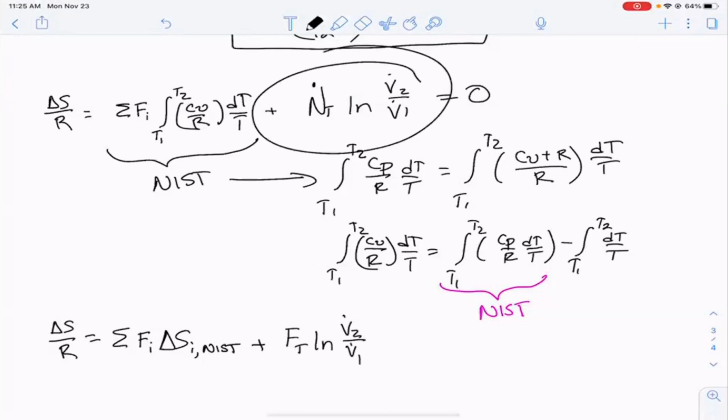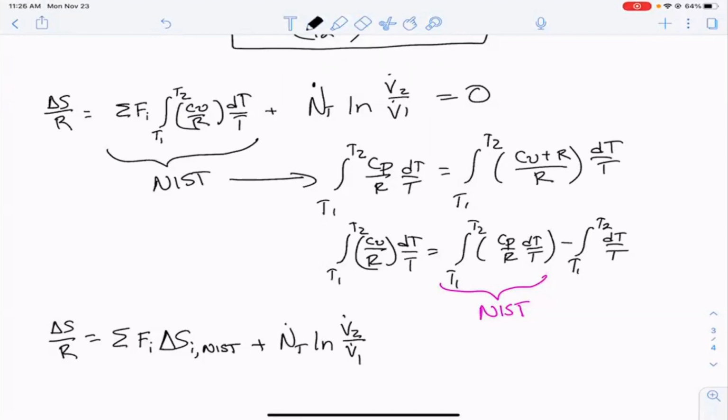That's just this. And I'm sorry, I used F again. And then minus N total times the natural log of this thing that we're going to call T2 over T1.